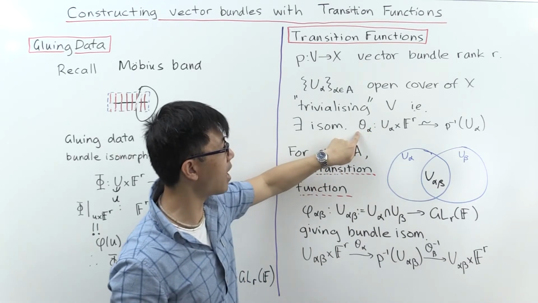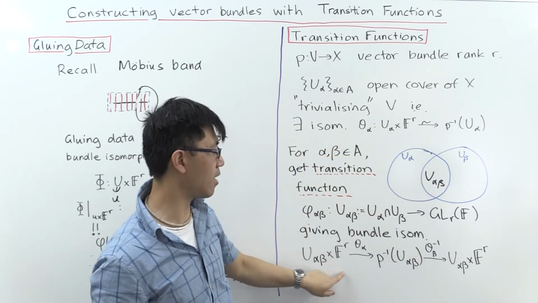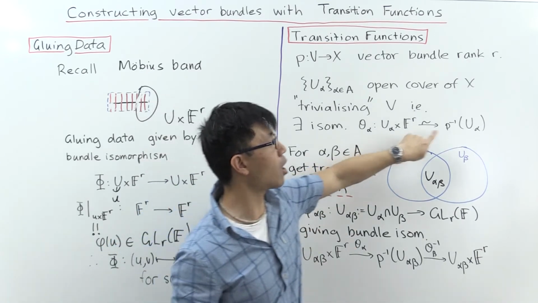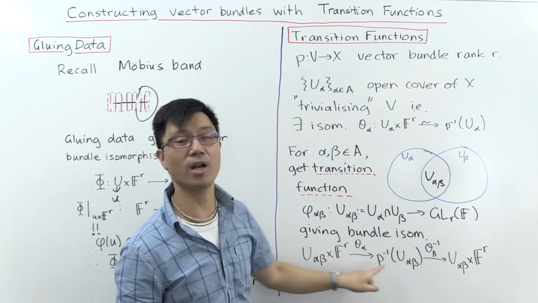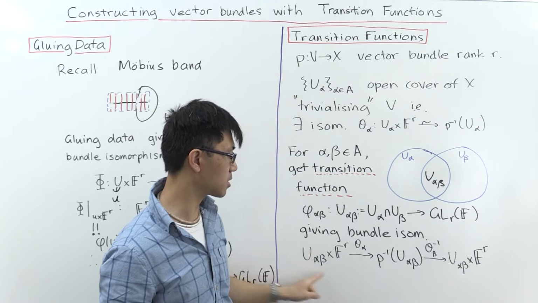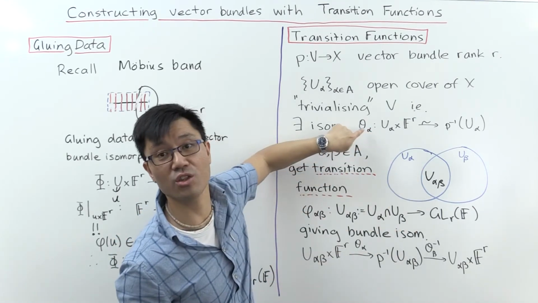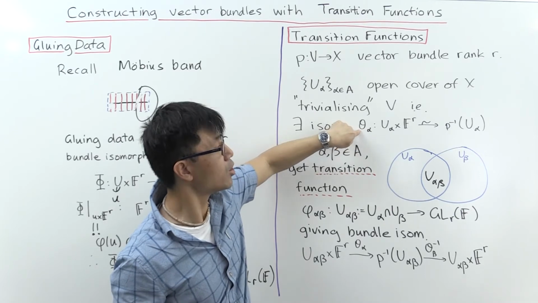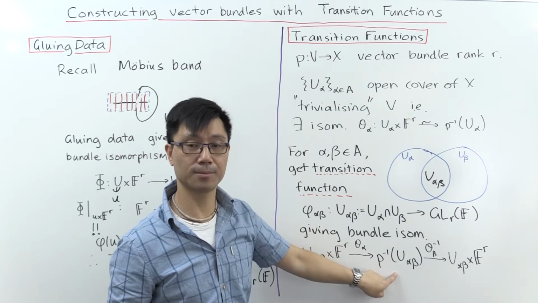So if we restrict theta alpha to just this intersection U alpha beta cross F to the r, to the corresponding part of the vector bundle, that's P inverse of U alpha beta, you have an isomorphism like that, theta alpha restricted to this domain here. So that's using the first trivialization theta alpha. You can also use the second trivialization theta beta to go back.